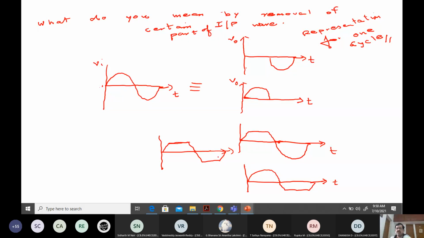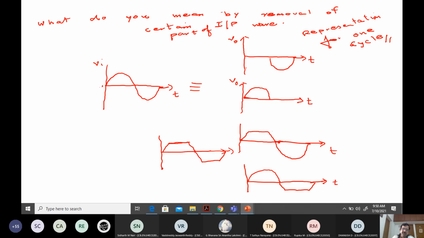We will see some examples, and I encourage you to do more problems which are given in your prescribed textbook, Sedra Smith, and look at how clipper action is taking place. Clipper means, the hairdresser, for example, uses a clipper. Okay, so cutting, removing. Keep that aspect in mind.